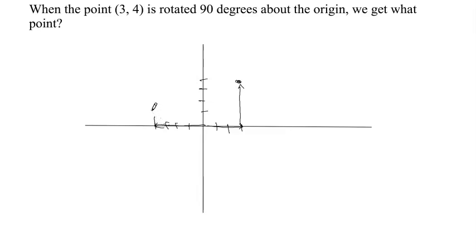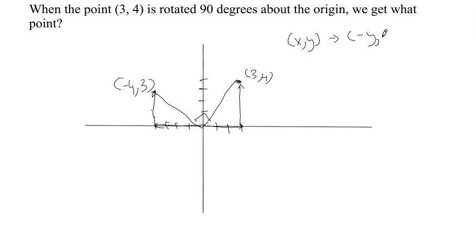So you end up with this point. As you can see, they are 90 degrees apart. And so finally you get (negative 4, 3). And you would have got the same thing if you used the formula. If you had (x, y) to (negative y, x), we would have gotten (3, 4) to (negative 4, 3).